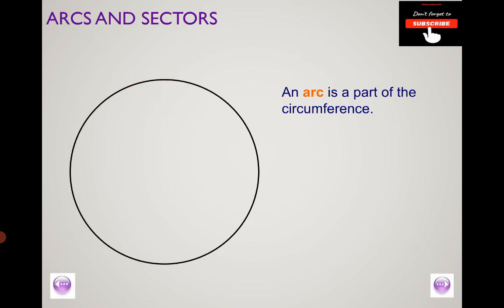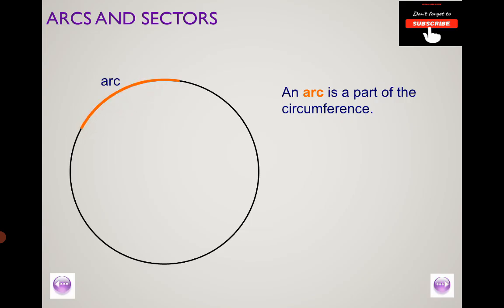You can consider an arc as just a fraction of the circumference, or a small portion of the circumference. This orange part is called an arc.